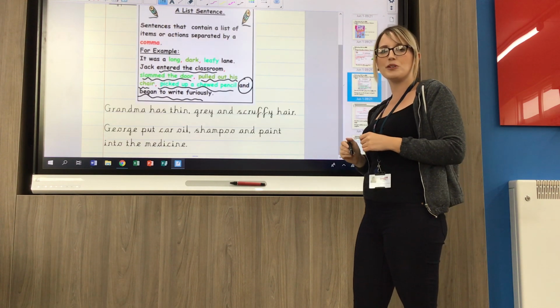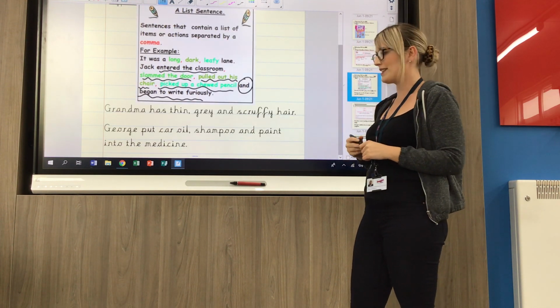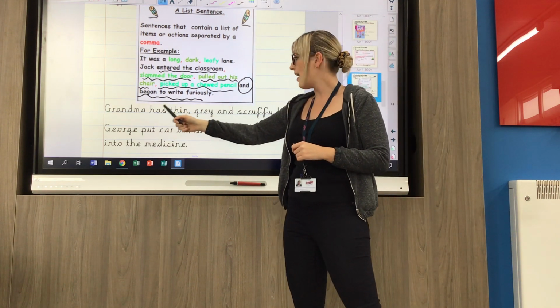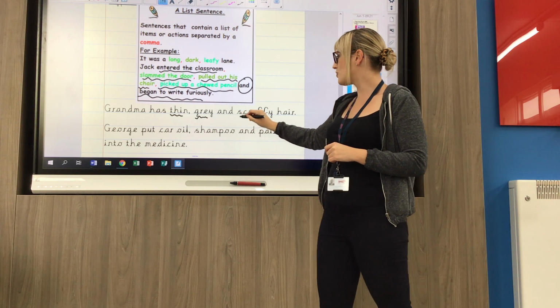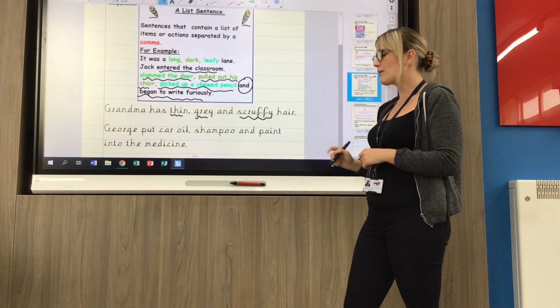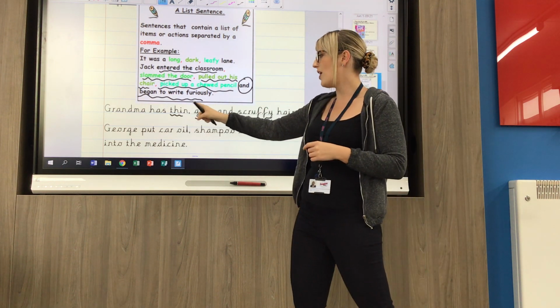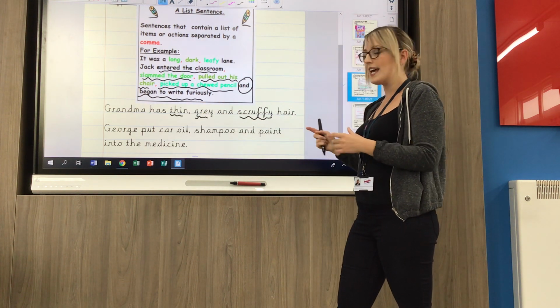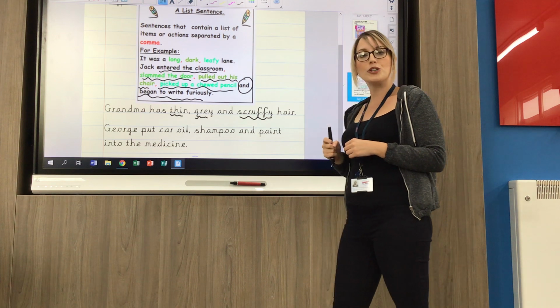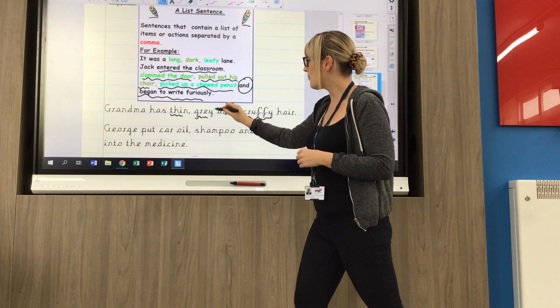Let's look at an example when we're thinking of George's Marvellous Medicine then. Grandma has thin, grey and scruffy hair. When we looked at the 2A, it was just: Grandma has thin, grey hair. We've turned it into a list by just adding one more adjective and including that word and.